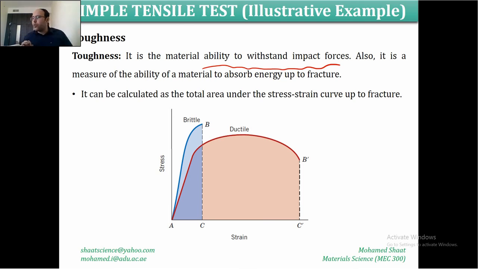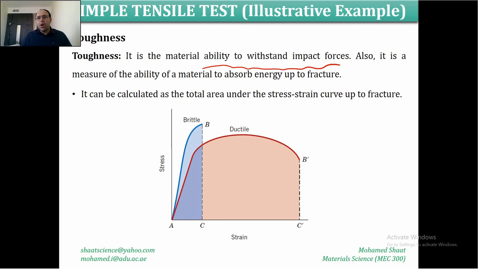So it is a sudden force, like hammering or hitting a material. This impact force has an effect way bigger than a conventional force, like pressing over the table. Make sense? So the ability of the material to withstand these impact forces without fracture is a measure of the toughness of the material.